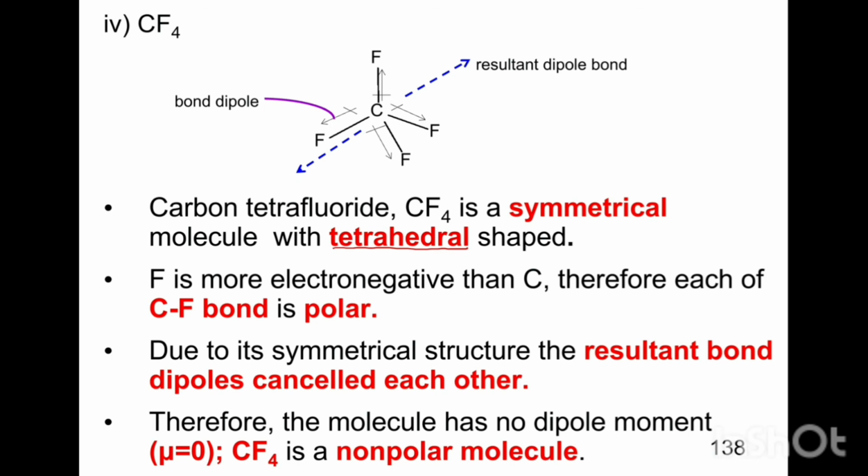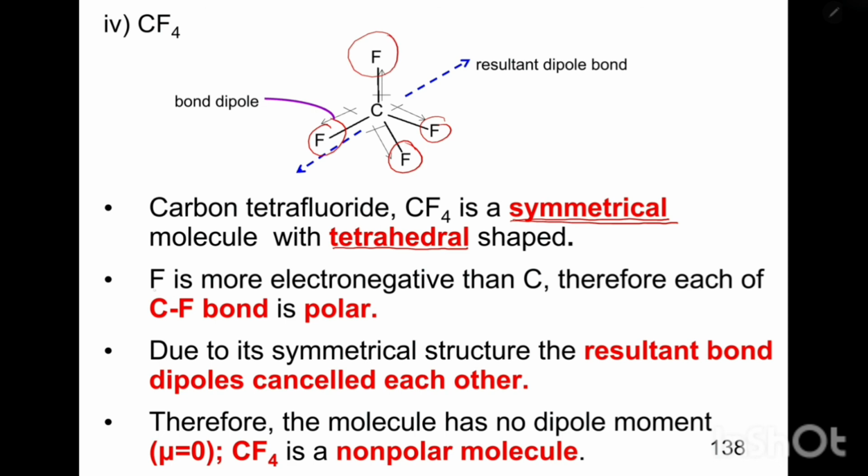The first step to identify the polarity is to draw the correct Lewis structure, followed by identifying the correct molecular shape, and then only can we identify the polarity. Since tetrahedral is symmetrical, why symmetrical? Because they have the same terminal atoms.